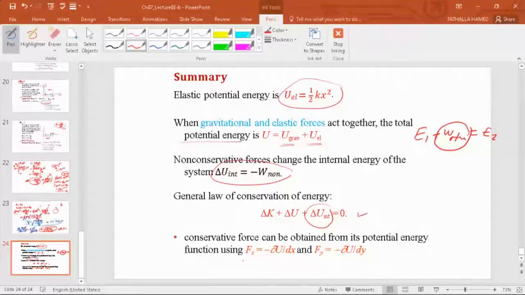And finally, we related the varying force to the potential as F equals minus dU by dx. If it is y, it equals minus dU by dy, and you can also do that for z, equal to minus dU by dz. Is this clear? Any questions on these? Good.